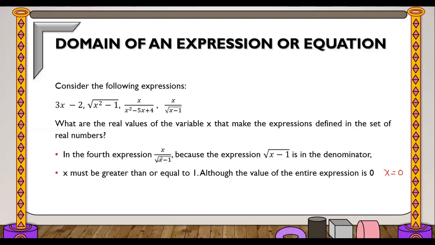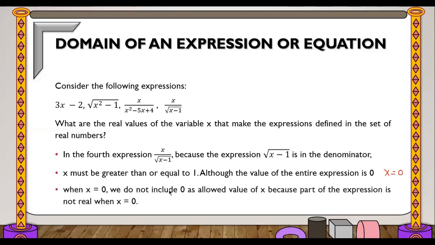Hindi naman siya pwede sa denominator kasi pag ginawa natin 0 ang denominator, magiging not real yung denominator niya. When x is 0, we do not include 0 as allowed value of x because part of the expression is not real when x is 0. Yun yung denominator, di ba? Kapag ginawa mo 0 yung x, yung denominator ay magiging not real. So, hindi rin pwede ang x is 0.